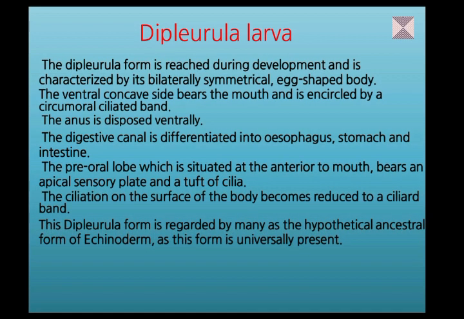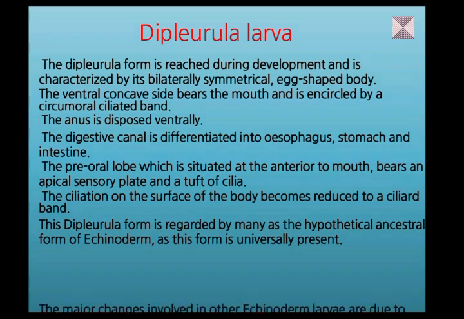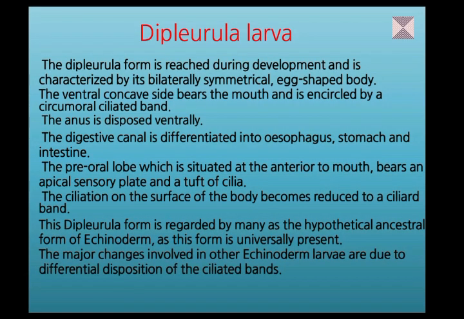The Dipleurula form is regarded by many as the hypothetical ancestral form of the echinoderms, as we have seen in the previous slide also. That was the first line, that all the echinoderms developed from a Dipleurula-like larva. So it is regarded as the hypothetical ancestral form. Now the major changes involved in other echinoderm larvae are due to the differential disposition of the ciliated bands.